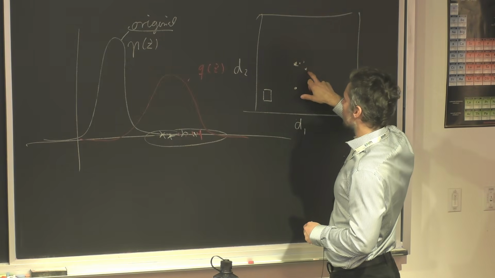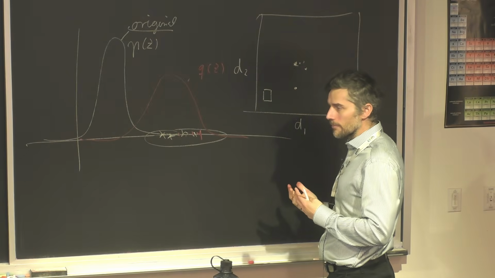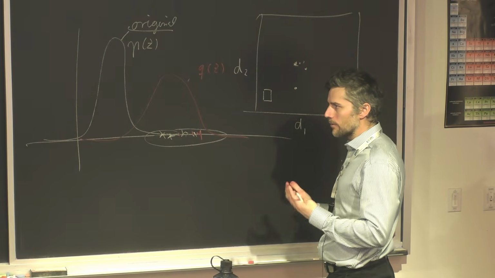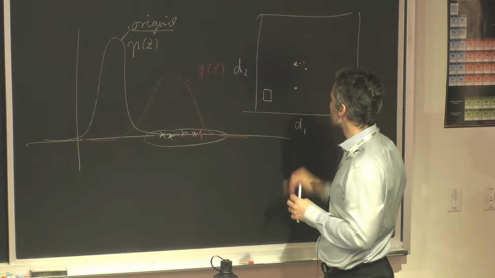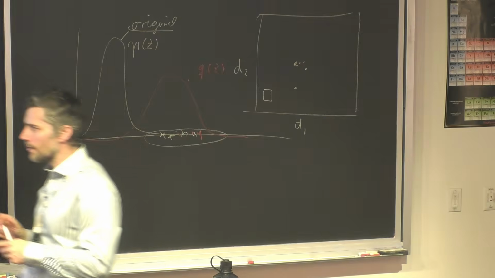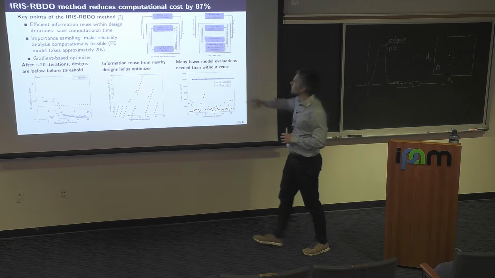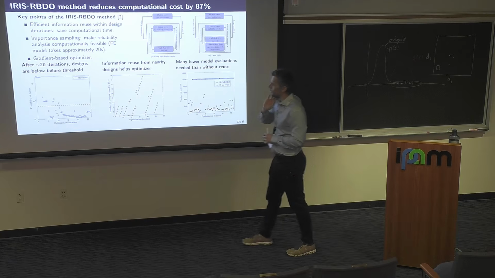At the first couple of steps, your system looks quite a bit different because you're operating in a different overall configuration. But as you're converging, your designs get incrementally better, so there's an opportunity to reuse information. Maybe you can use the PCE from the last design on the current design. So we did some of this stuff here.